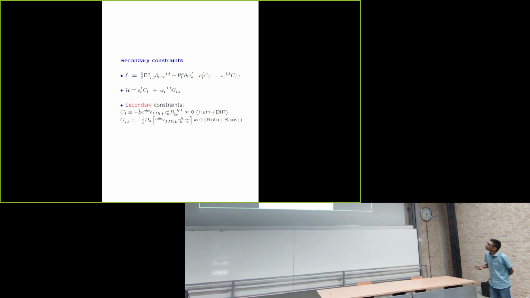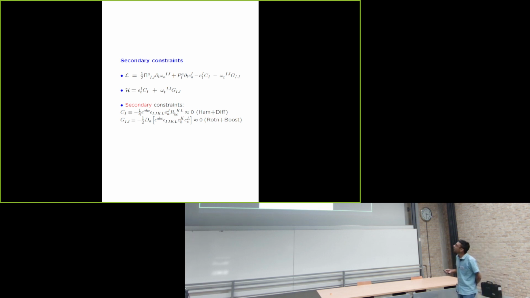So now there are also secondary constraints because there are Lagrange multipliers, these time components of the tetrad and the connection. So these lead to the secondary constraints. The first set of secondary constraints is essentially 4 in number. They are a combination of Hamiltonian and space diffeomorphism constraints, and the other 6, the G^IJ, are a combination of the rotation and boost.